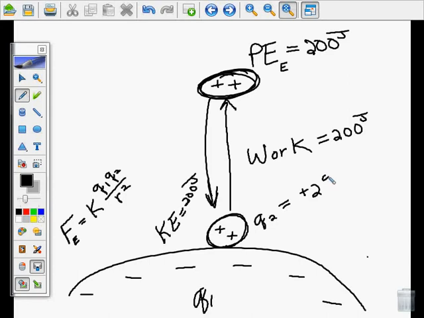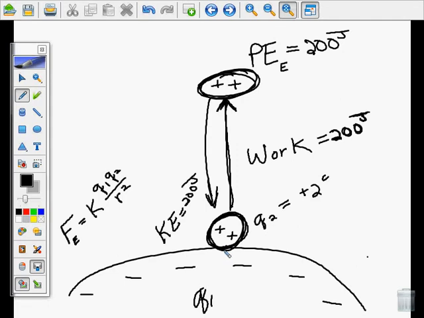Now, when that charge was lifted up, 200 joules of work was done to lift the whole thing up, which was 2 coulombs. How much work was done to raise each of the coulombs? Jessica? 100 joules per coulomb, exactly.